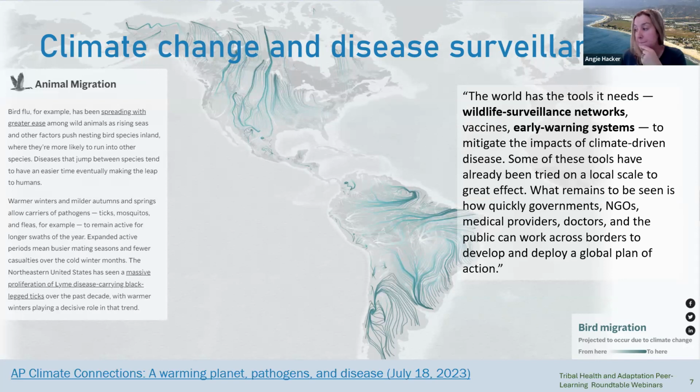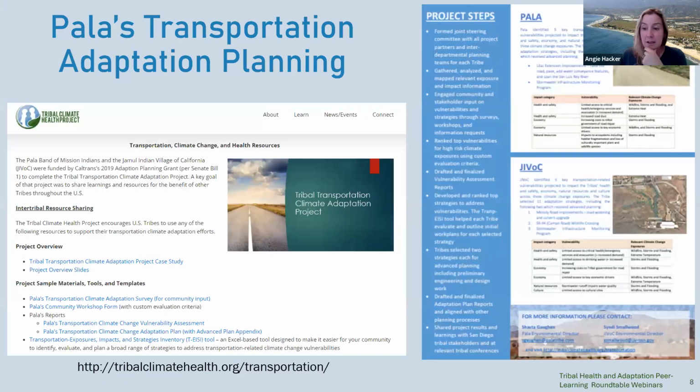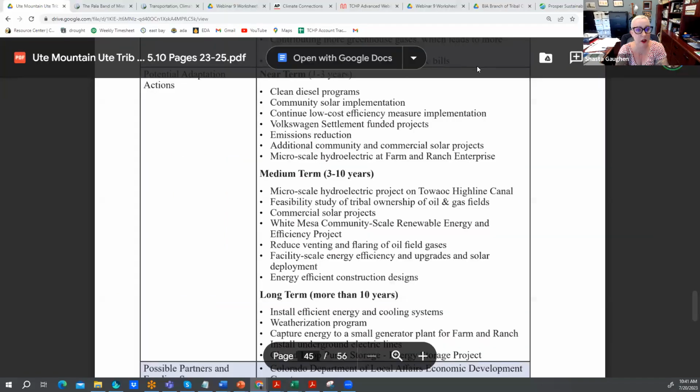Shasta, I wondered if you wanted to take a minute to talk a little bit about the transportation adaptation plan and maybe focus on the advanced plan that we did for the design of Lilac. Yeah, sure. So we were fortunate to get funding from the California Department of Transportation, otherwise known as Caltrans. I don't know if other states have these sorts of grant resources available to communities, but I hope that they do.